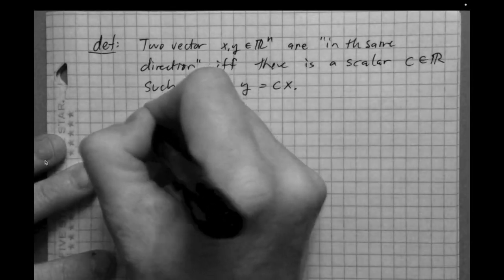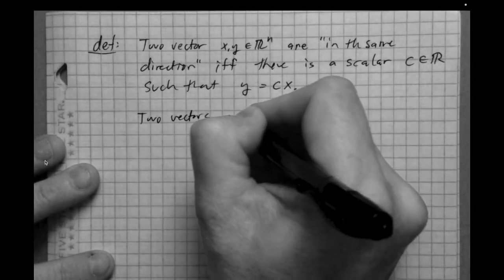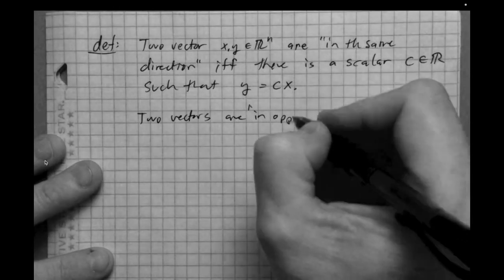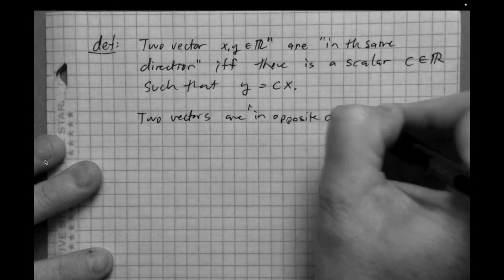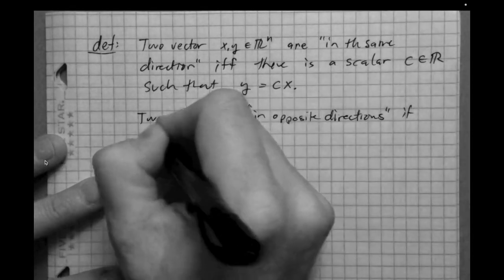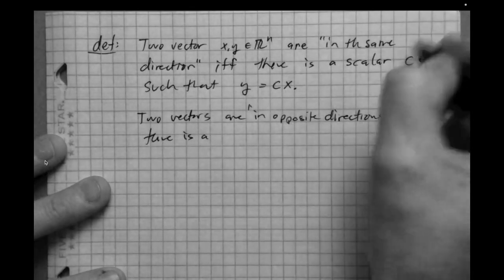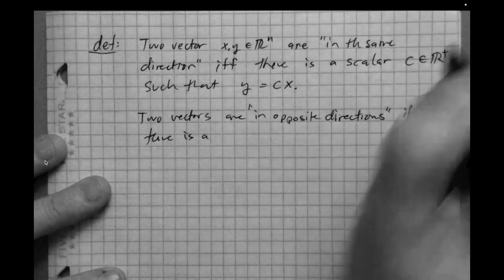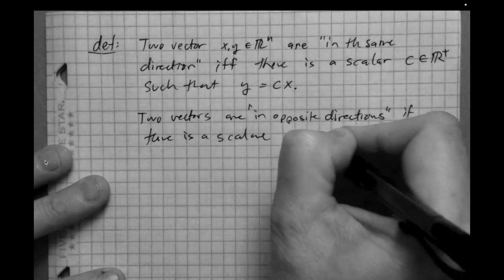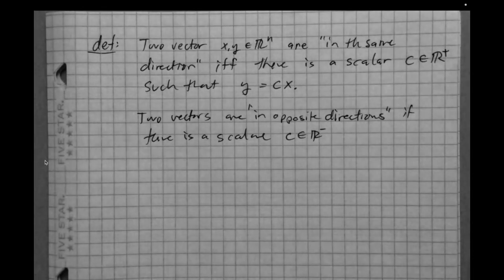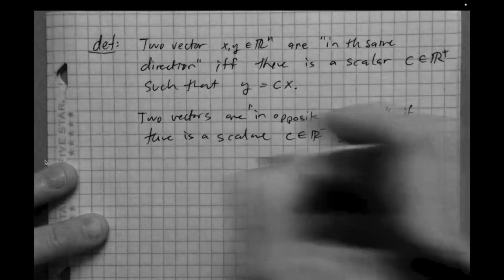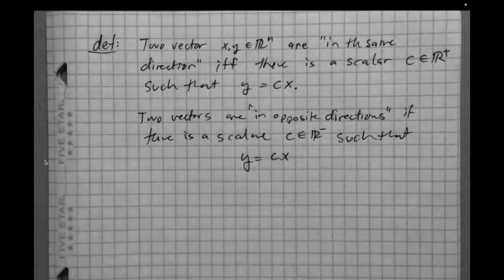And similarly, two vectors are in opposite directions if there is a scalar c in R minus, so a negative real number, such that y is equal to cx.